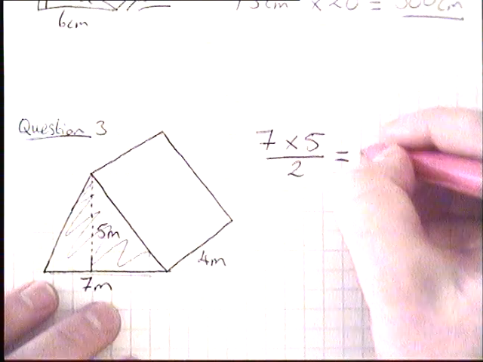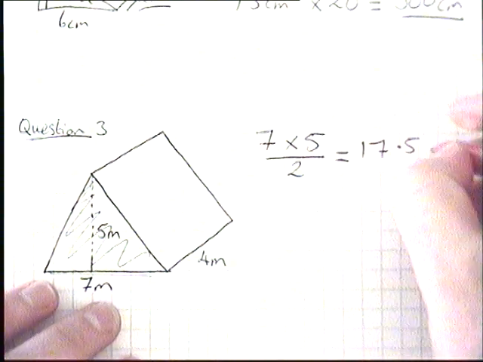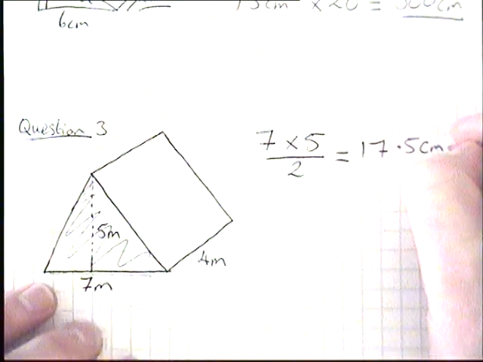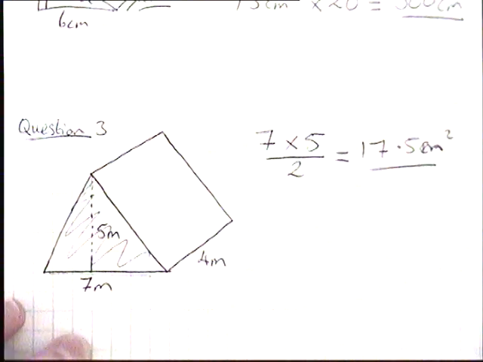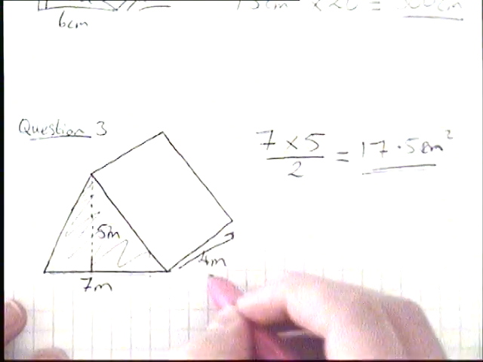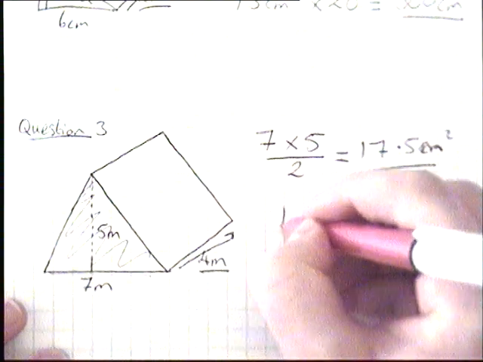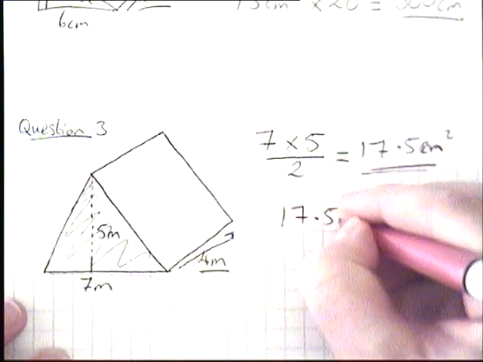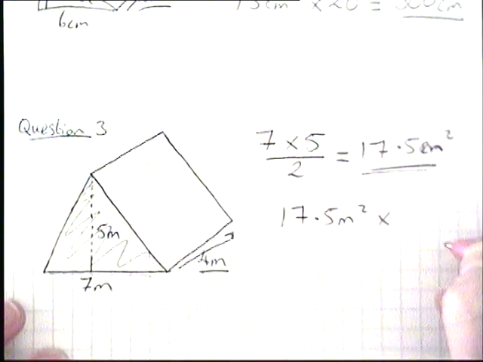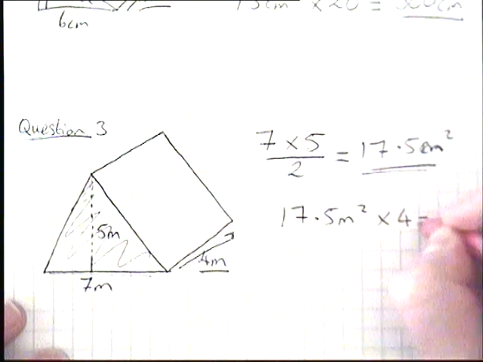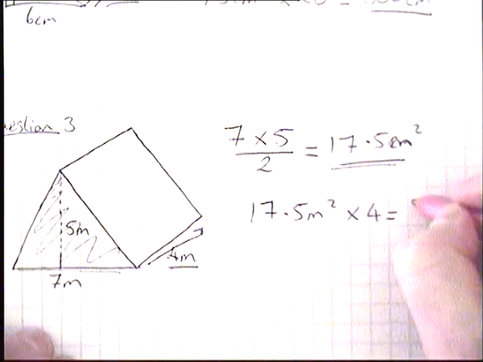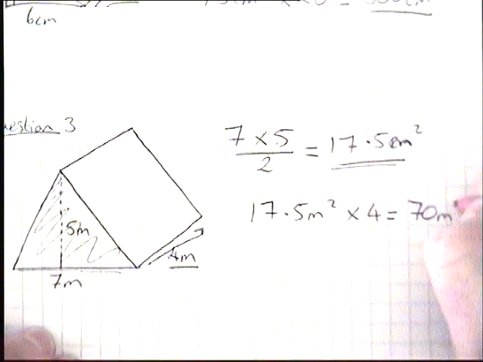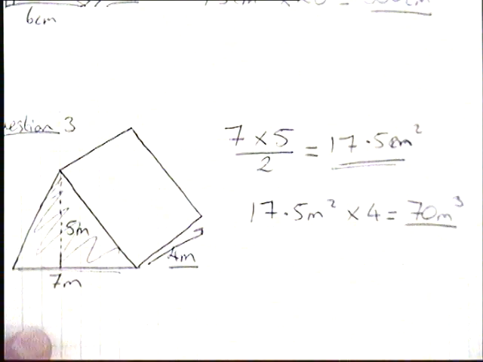Divided by 2 is 17.5 centimeters, or meters in this case, meters squared. And then we're going to do the area of our cross section times the length of our prism, which is 4 meters. So 17.5 meters squared times by the length of 4 gives us a volume of 70 meters cubed.